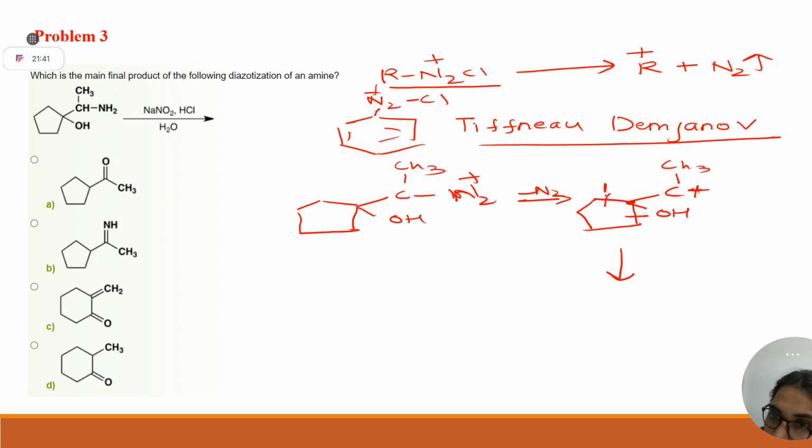If I break this bond and want positive charge here, here will be negative. This negative is going to attack this carbon. How many member ring will form? 1, 2, 3, 4, 5, 6 member ring, right? So just make a 6 member ring.